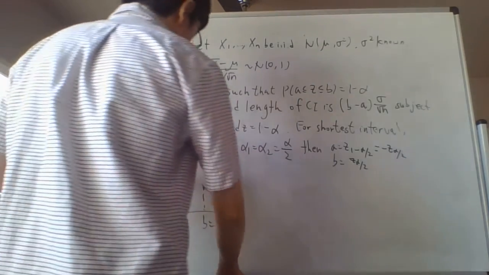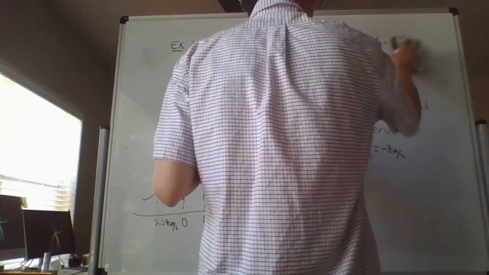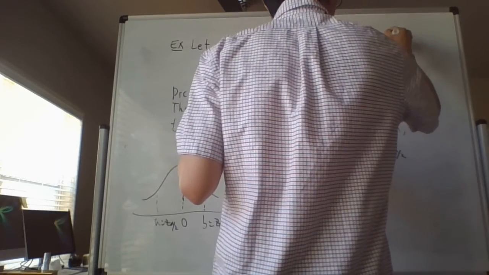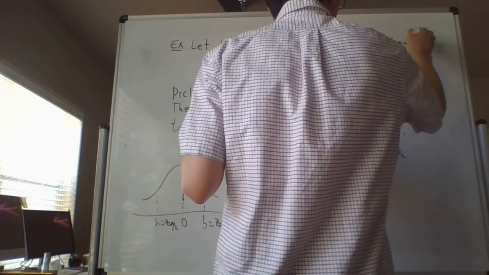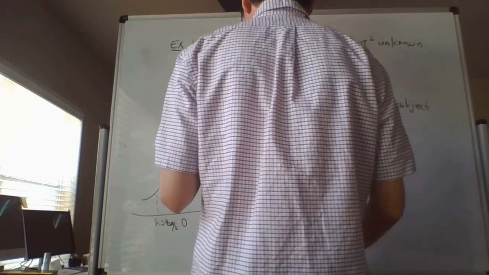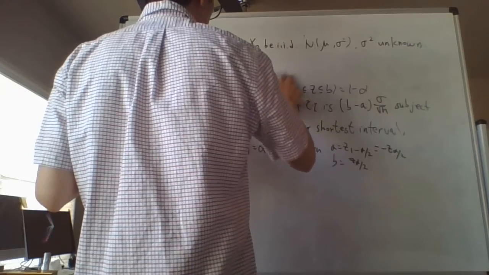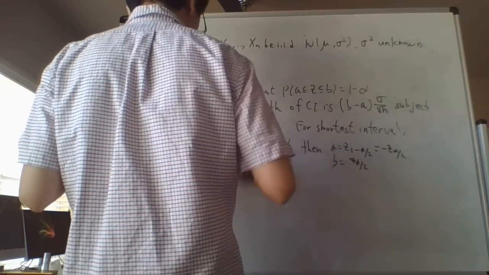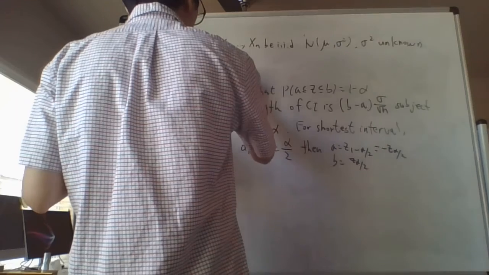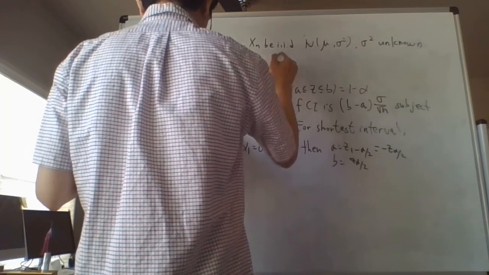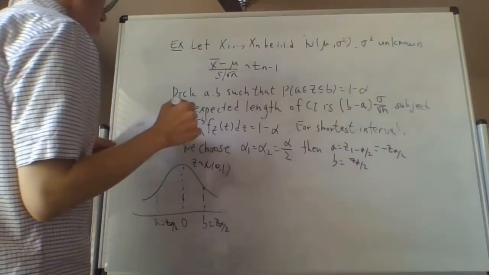And if we have a case that sigma square is unknown, then we have the T distribution.